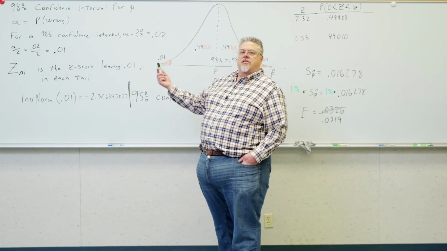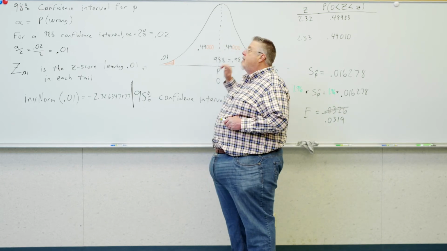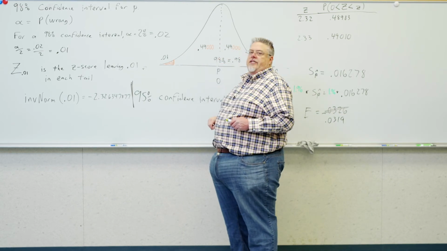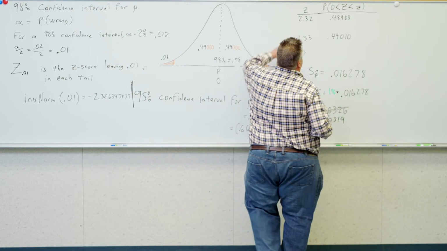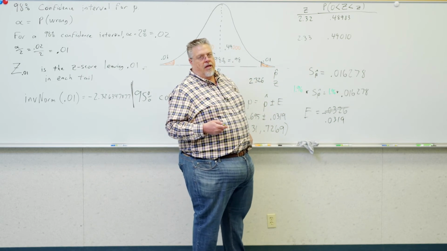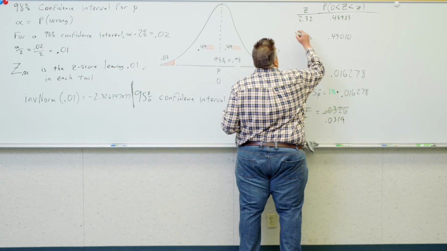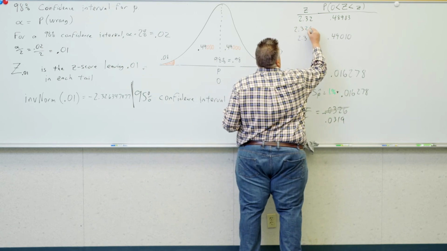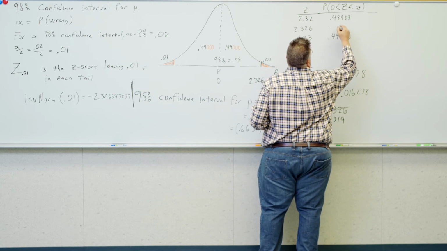One was to use the z-table. I want this area to be 49%. Looking for 0.49000 in the body of my table. I don't have it, but I know it's between 2.32 and 2.33. Using the t-table, 2.326 gets me a lot closer.